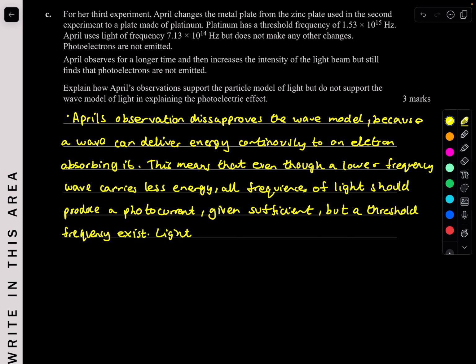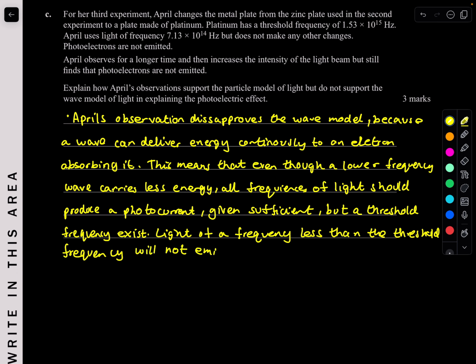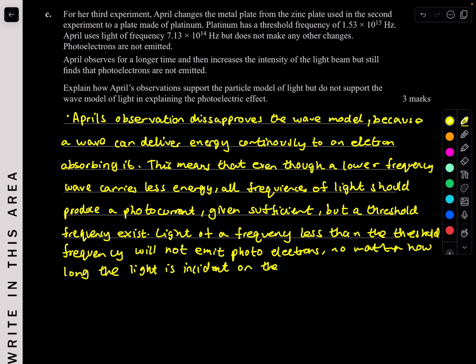Light of a frequency less than the threshold frequency will not emit photoelectrons no matter how long the light is incident on the metal, which she has done.